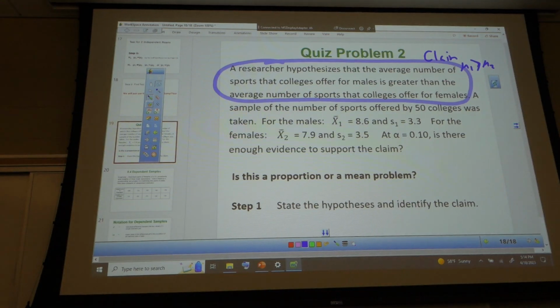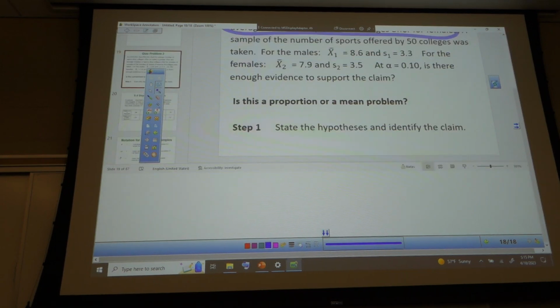At this one, my H naught is going to be... step 1.